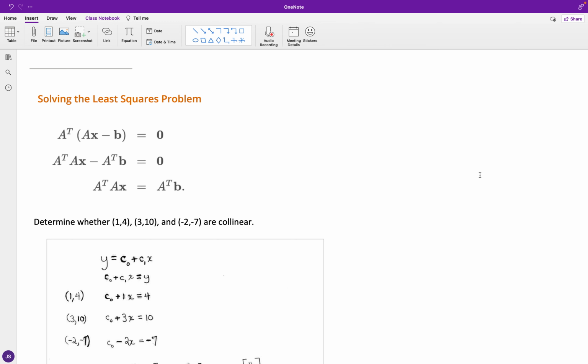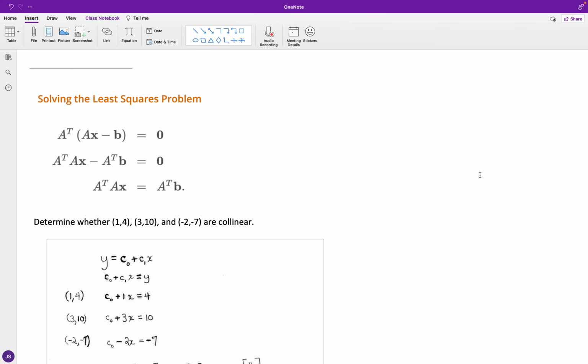Okay, now earlier in chapter 5, we determined whether or not a given set of points is collinear. There were some sets where the points were collinear, other sets where they are not.